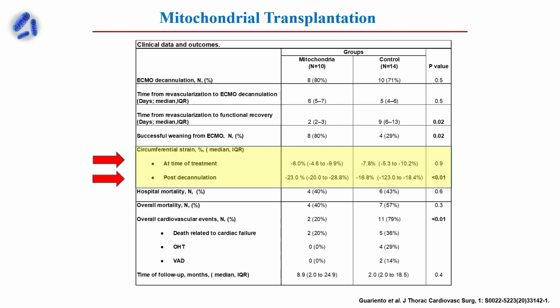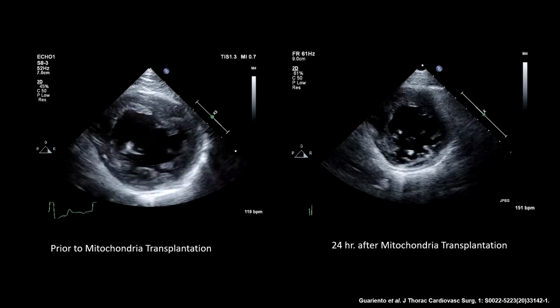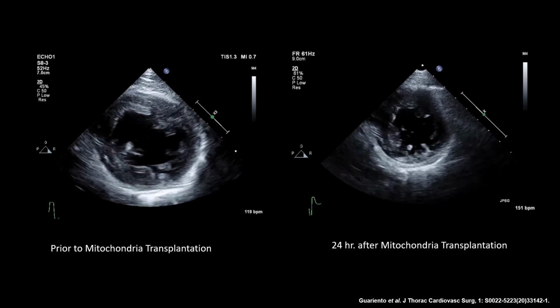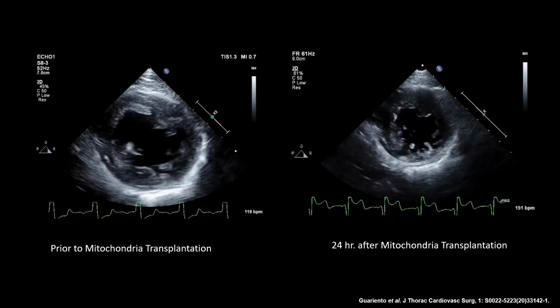You've got to remember, more contraction is more minus. Time of treatment was the same with these, but after we gave them mitochondria it was -23. -20 is normally what you people would have. So this is what prior to mitochondria looks like, and this is what it looks like 24 hours out.